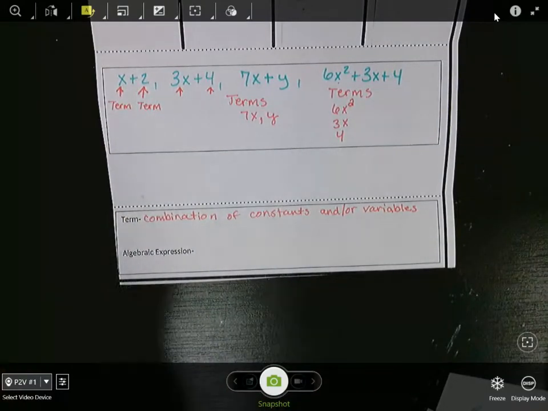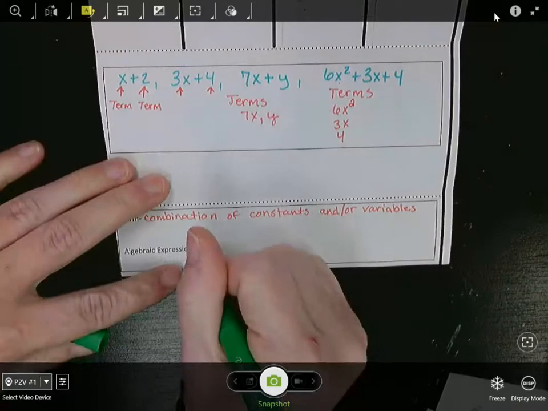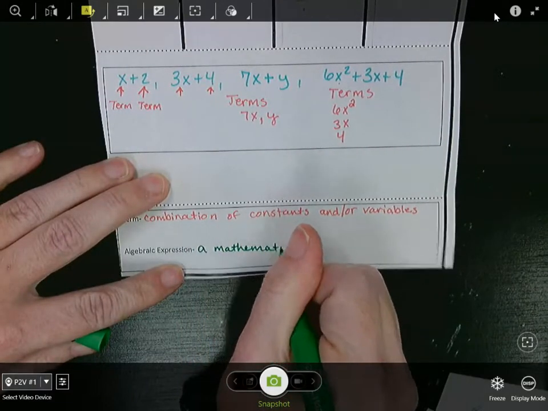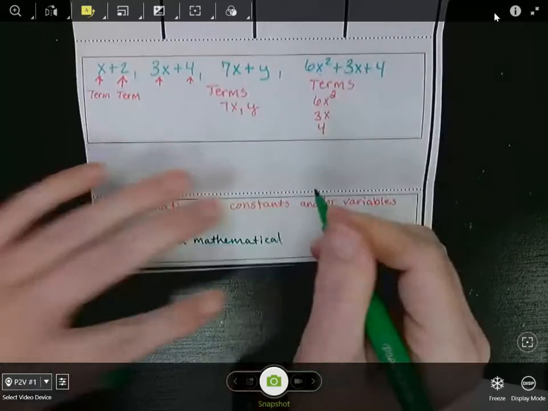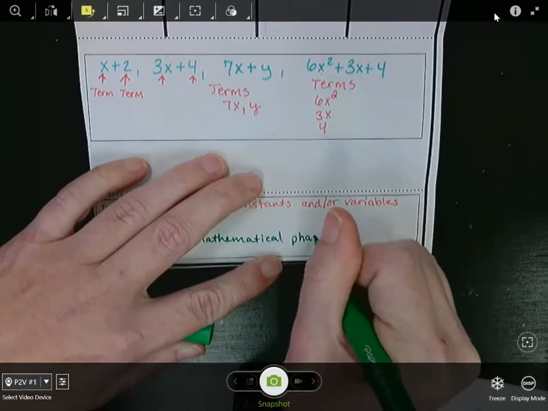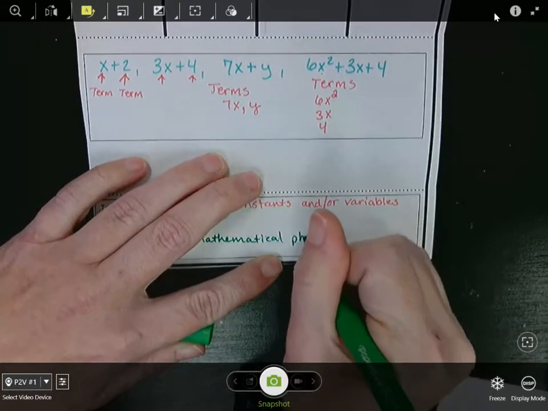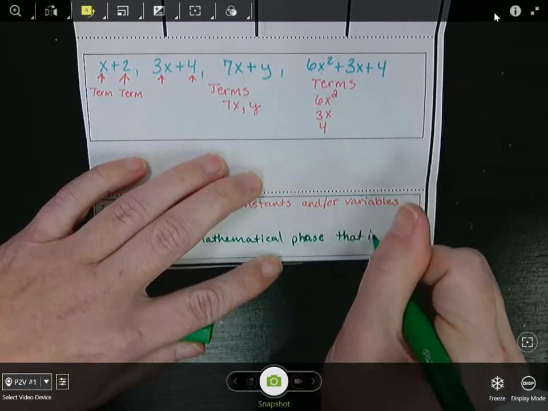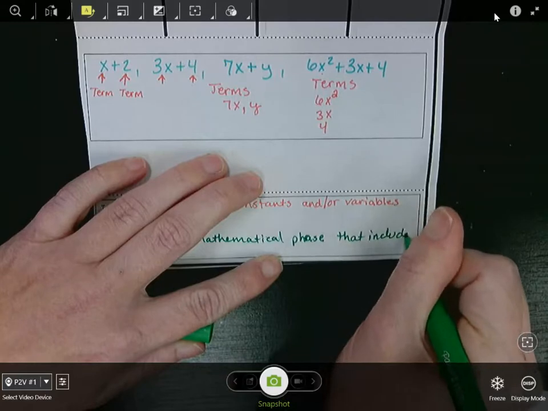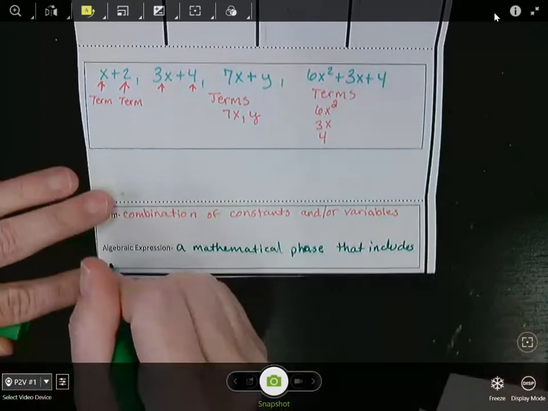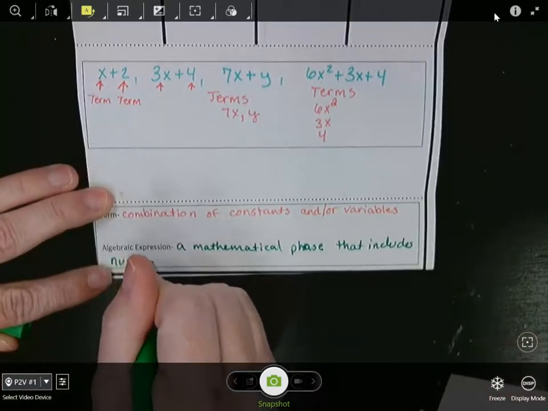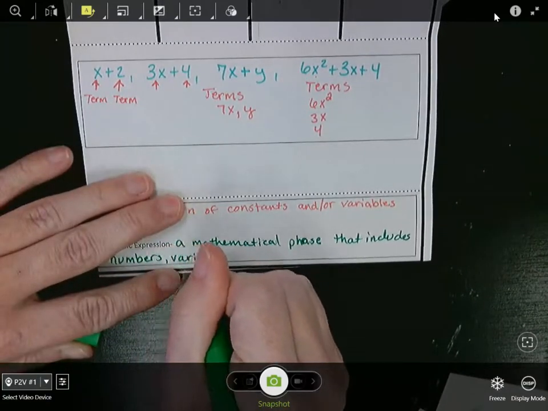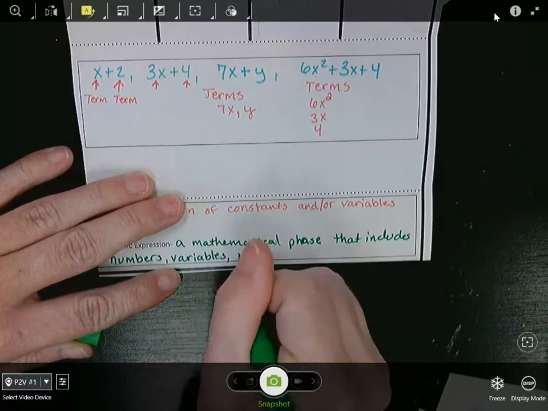All right, an algebraic expression is a mathematical phrase that includes numbers, variables, and operations.